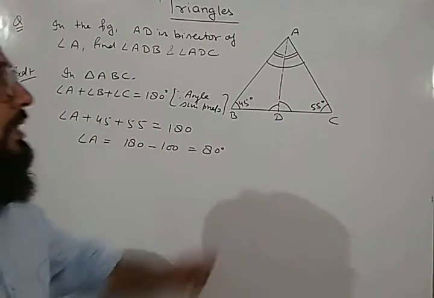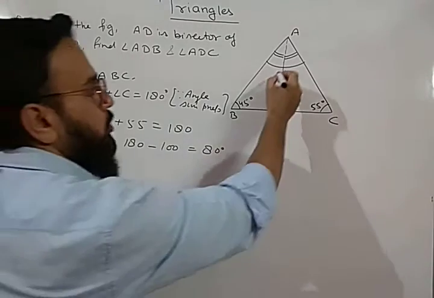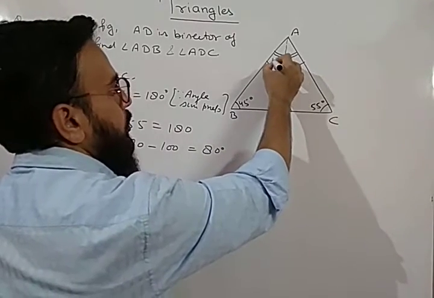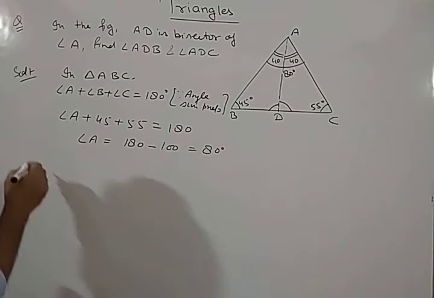But it is given AD is the bisector of angle A. It means if this total angle is 80 degree, then the value of this angle will be 40 and 40. Now you will write it.